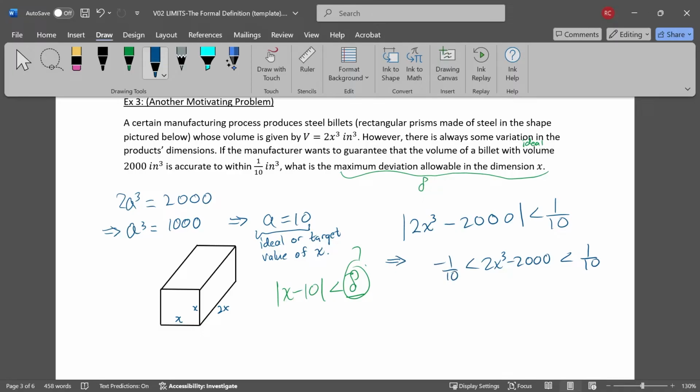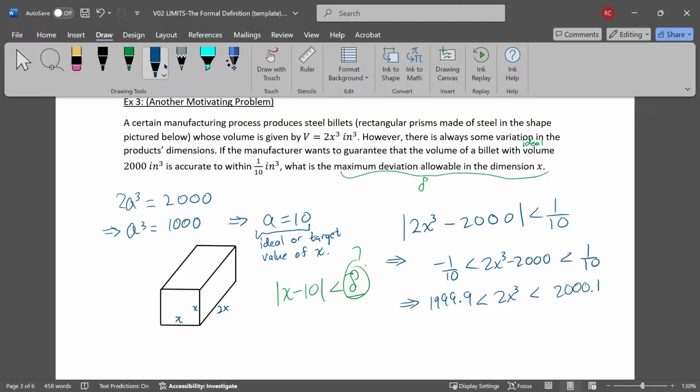Now I'm going to add 2,000 to each side. So we get 2x cubed is less than 2,000 plus a tenth. That's 2,000.1. And greater than 2,000 minus a tenth. That's 1999.9. Okay, so far so good.